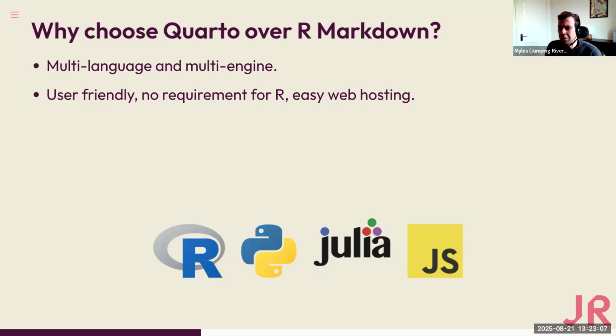I believe it's also got a nice integration with WebR as well, which is a way of running R code within the browser. So again, you can have Quarto HTML documents, which essentially run in the browser, and the embedded R code will also run just through the browser. So it's kind of like serverless web hosting. So it's very user friendly, and it makes it really easy for web hosting and these kinds of things.